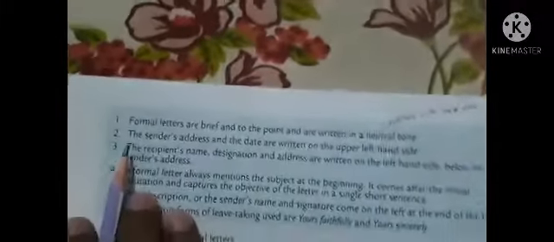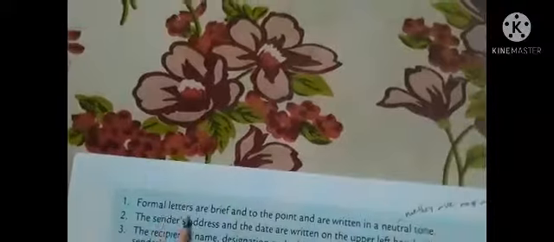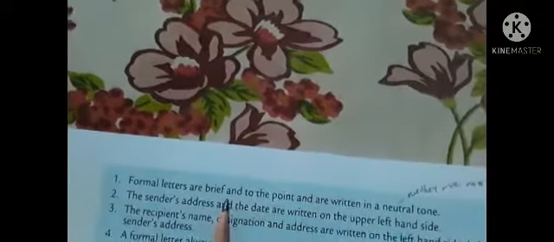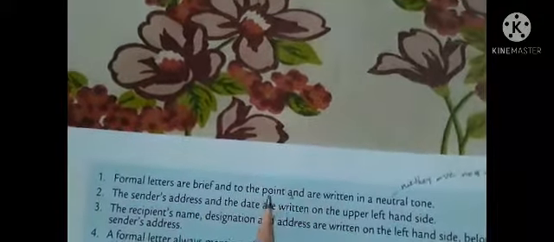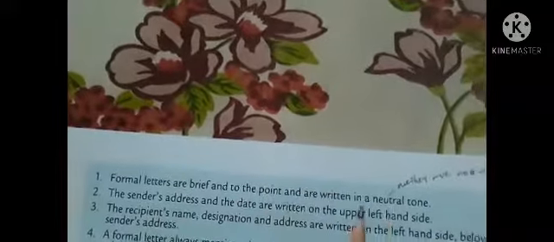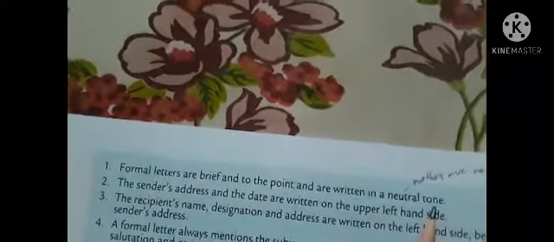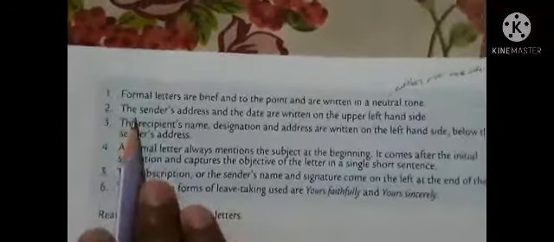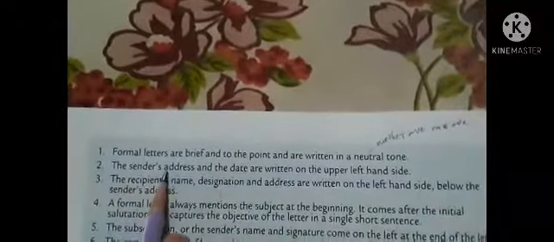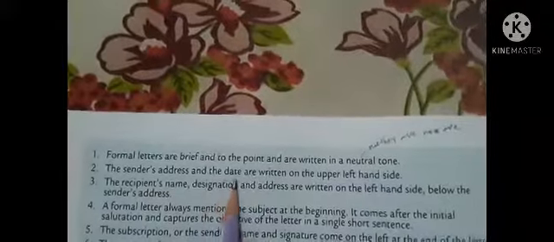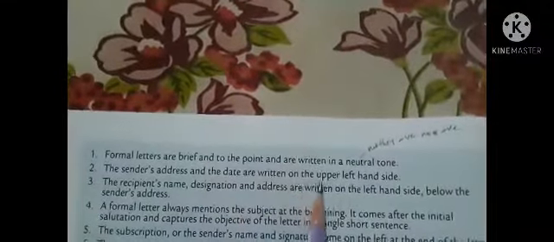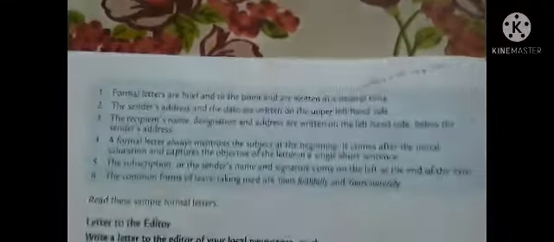When we write a formal letter, we should keep in mind the following points. The first is, formal letters are brief and to the point and are written in a neutral tone. Secondly, the sender's address and the date are written on the upper left hand side.